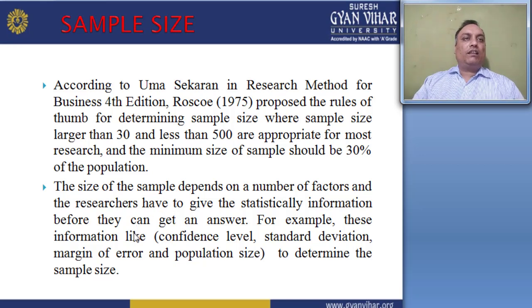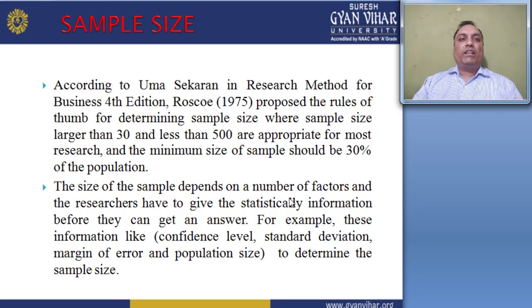For the sample size, this is given by the definition according to Uma Sekaran in Research Methods for Business, 4th edition. This is the rule of thumb to determine the sample size, where a sample size larger than 30 and less than 500 is appropriate for most researchers, and the minimum size of the sample should be 30% of the population.